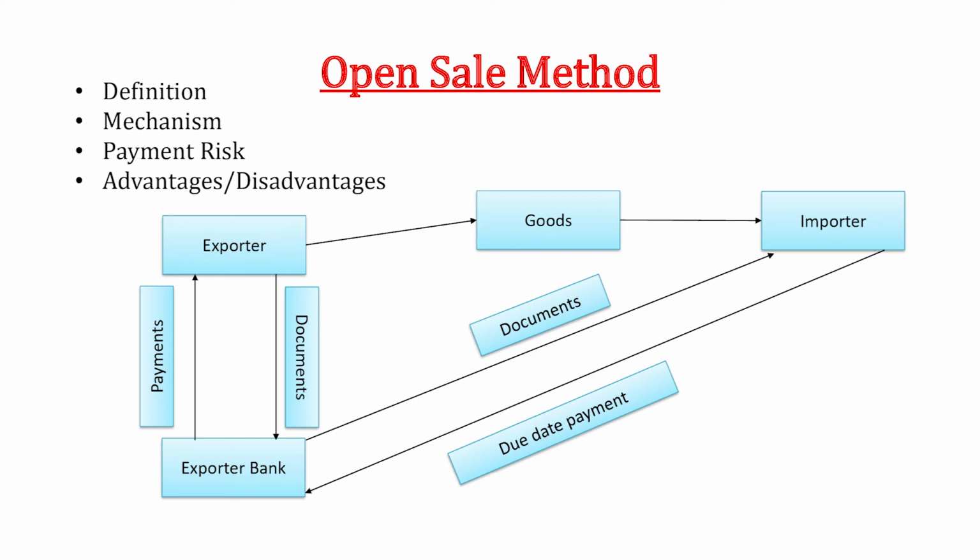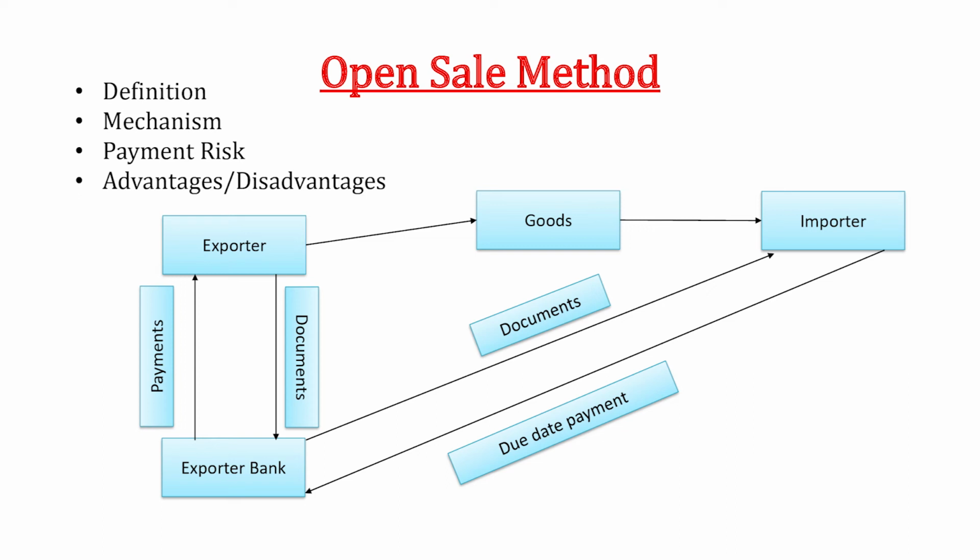Very, very risky method of payment for the exporter, and excellent method of payment for the importer, because the importer is now getting goods without making any payment. He wants to do business with the exporter's money, and after realization of the sale with the local customer, the importer wants to make payment to the exporter.